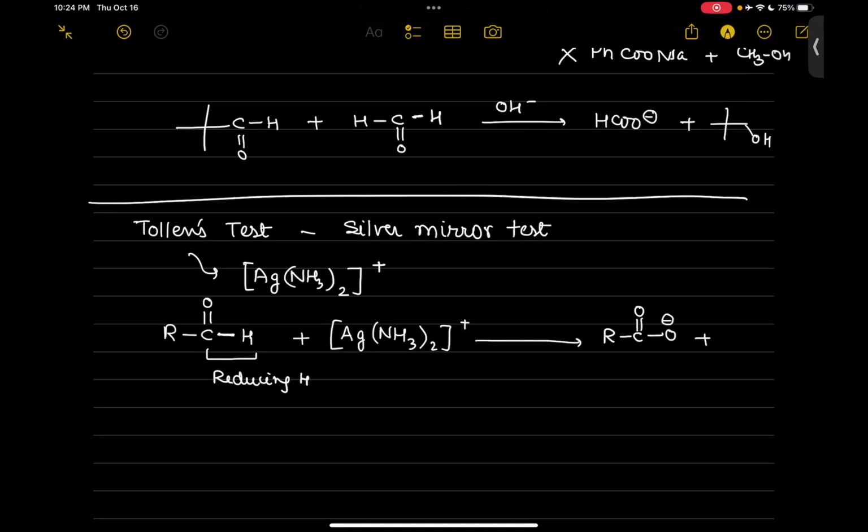And if this gets oxidized, who gets reduced? Who will get reduced if the aldehyde gets oxidized by Tollens' reagent?